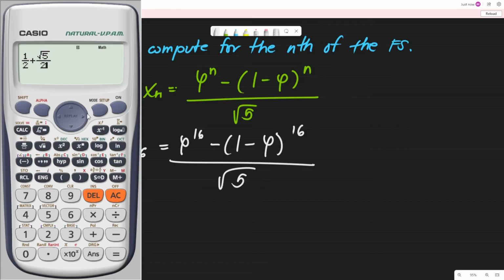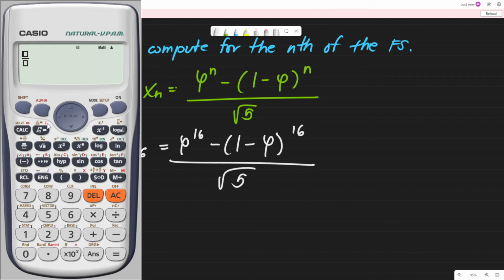We have shift RCL, dapat lumabas yung STO dito sa taas. Then you can pick any variable here. You have lots of variables, a to f tas x, y, and m. So any variable would do. Pero ayoko na pahirapin sarili ko, letter A na lang. So pag nakita niyo na to, yung arrow A, ibig sabihin stored na siya sa letter A. So kahit patignan natin alpha, the negative sign for letter A, yan na yung value niya. Okay, so yun na lang yung gagamitin natin.